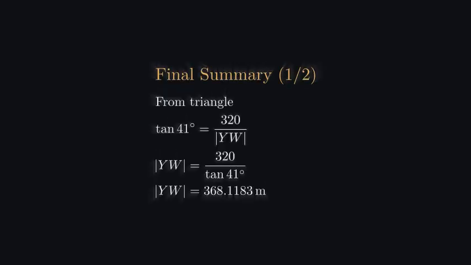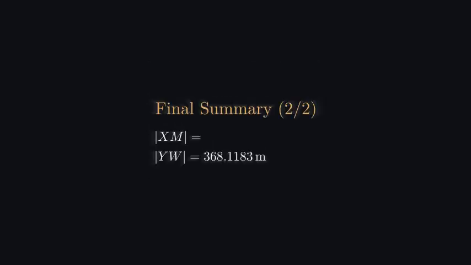To summarize, length of YW equals 320 over tan of 41 degrees, which is 368.1183 meters. Length of XM equals length of YW equals 368.1183 meters.